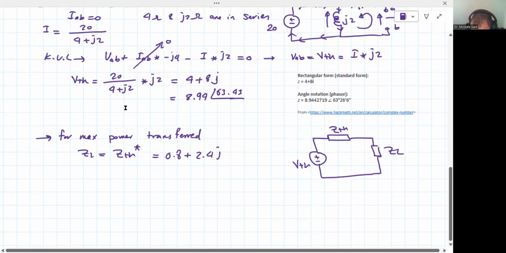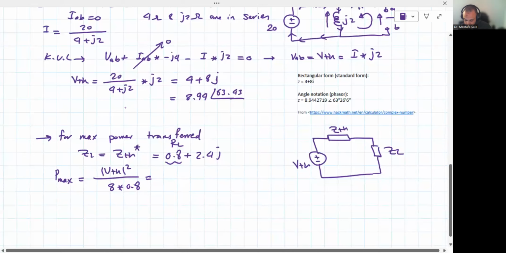And the maximum power delivered to our load is basically V Thevenin squared divided by 8 multiplied by R load. This is R load, 0.8. So 8.94, this is the magnitude of V Thevenin, squared, divided by 8 multiplied by 0.8.